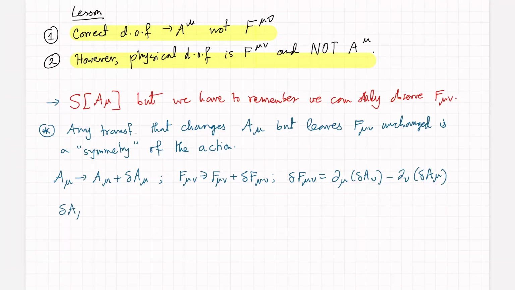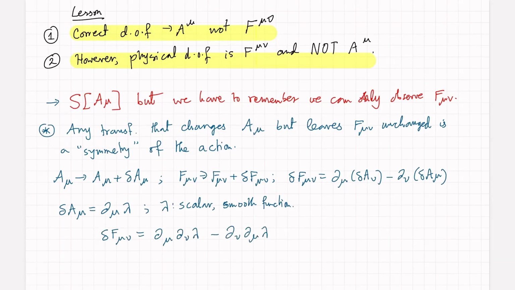If I define delta A mu to be del mu of lambda, where lambda is any scalar, differentiable, smooth function, so it's continuous and differentiable, then you see delta F mu nu is essentially del nu del mu of lambda minus del mu del nu of lambda.